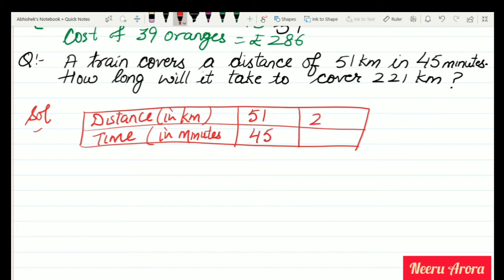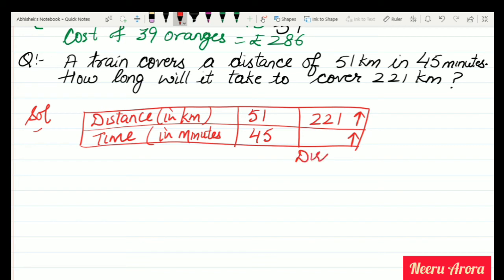Now the train has to cover 221 km. The train has to cover more distance, so it will take more time. Both the units increase, and these two are interrelated in such a way that if one increases, the other also increases.